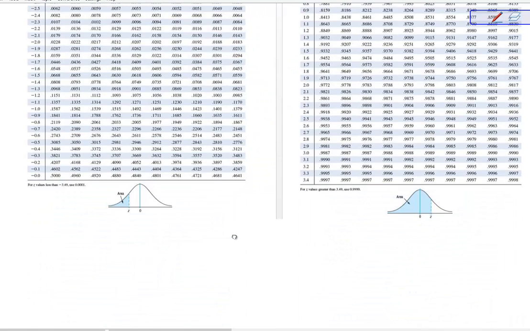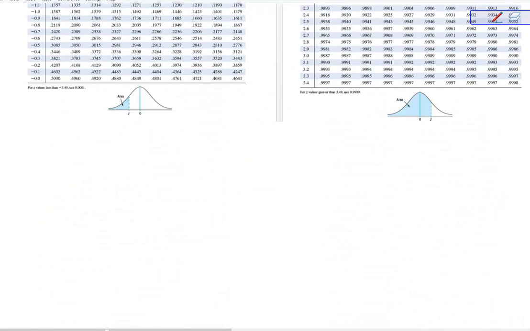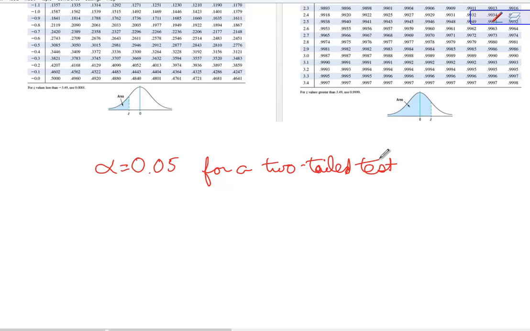Let's try one more, and that's if I have an alpha equal to 0.05 for a two-tailed test. This way you can see how we do each one of these.